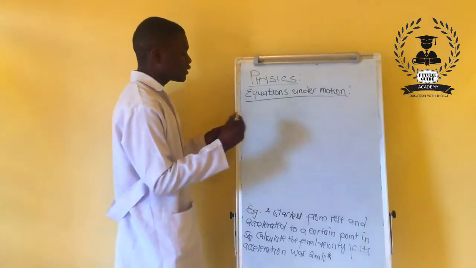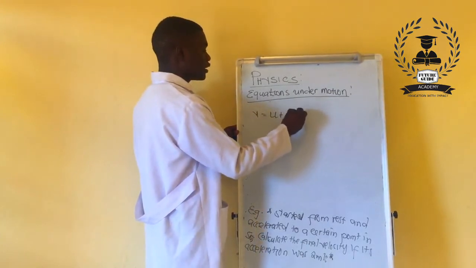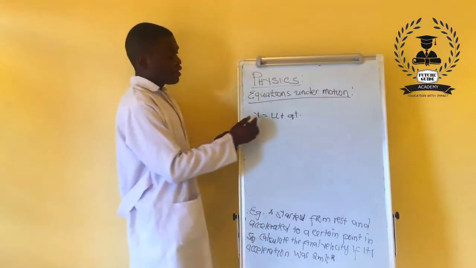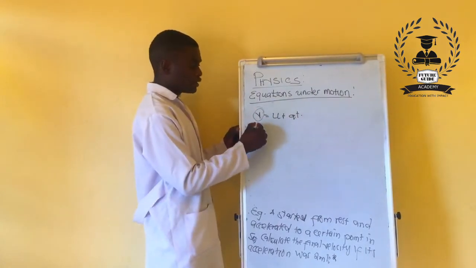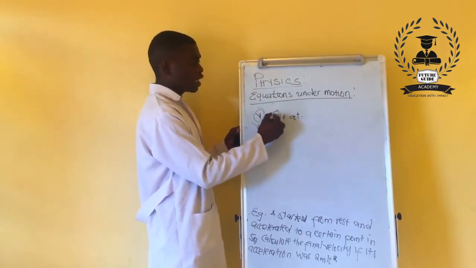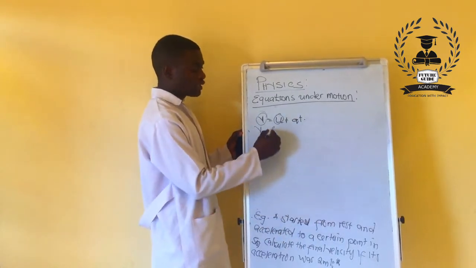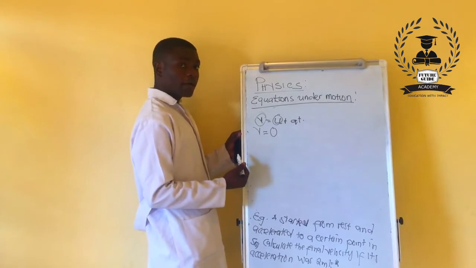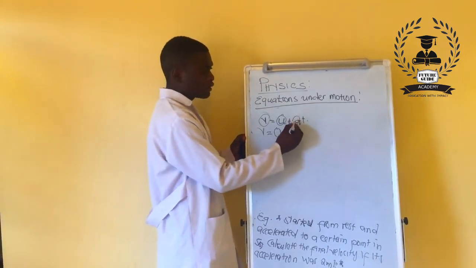So now we are going to say v is equal to u plus at. That is our formula. In our question, we are finding the final velocity. v is equal to u, which is the starting point. We said it's at rest, therefore our initial velocity is 0, plus, what is our a?